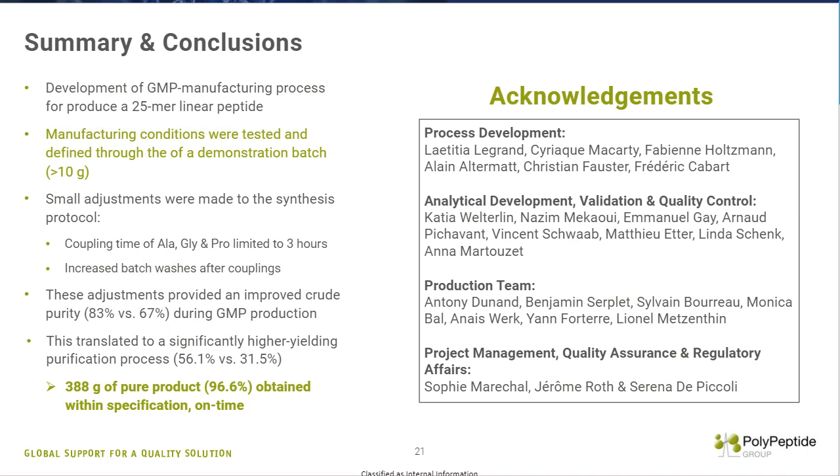Through small adjustments, by just changing certain coupling times and increasing batch washes, we were able to greatly improve the quality and the purity of the crude peptide for GMP production. So this went from 67% to 83%. And by implementing these changes, this was able to translate into a much improved purification yield, which ultimately led us to produce over 350 grams of pure product within the specifications of the client, on time, of course.